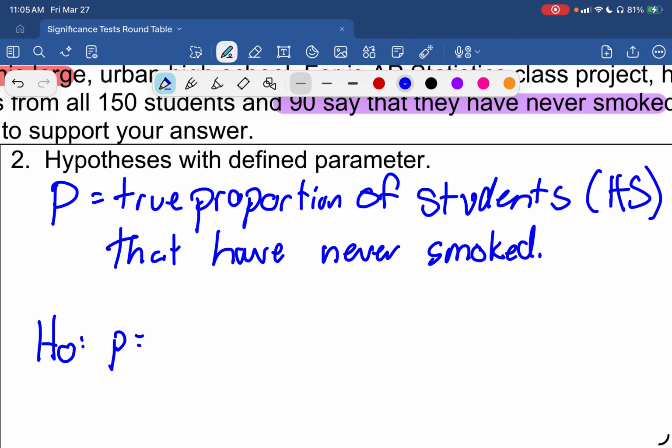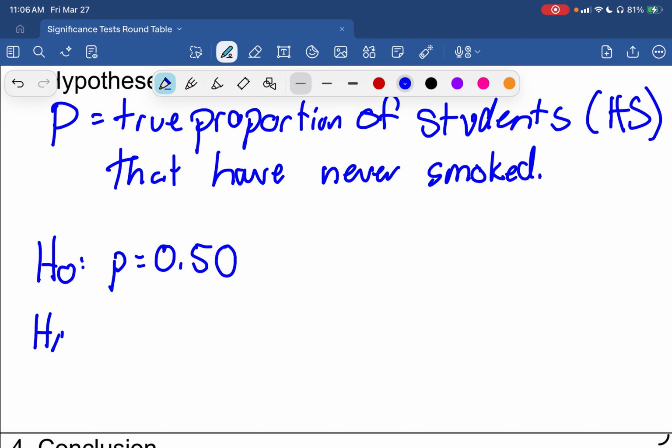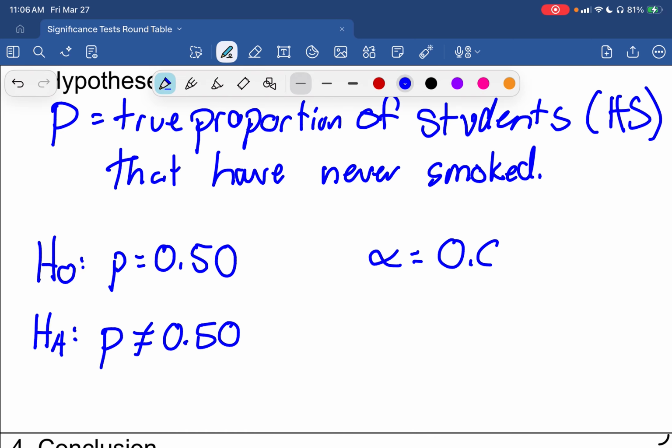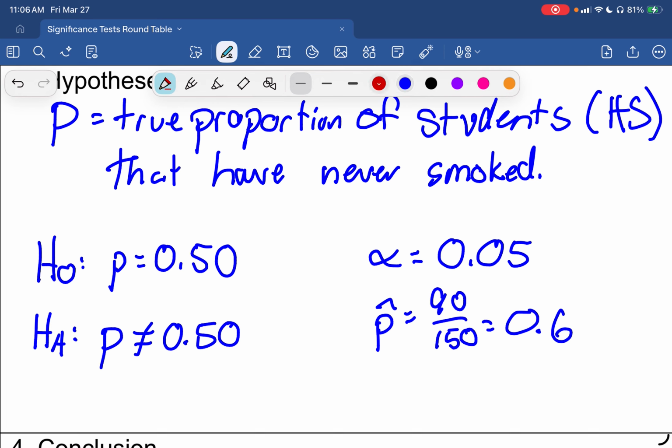What we'll see here, our null is that it's 50%. Our alternative is that it's not 50%. We still have that significance level of 0.05 and a p hat of 90 over 150, which is 0.6.